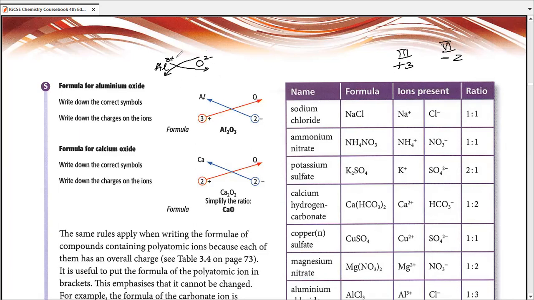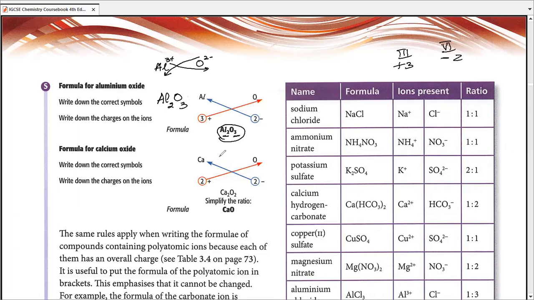Remember, superscript is a number which is written on the top, subscript is a number which is written at the bottom. And take a look, we have exchanged these numbers, but this time without the sign. So aluminum becomes 2, oxygen becomes 3 without the plus or the minus sign. All right, so that's how the formula comes into being.